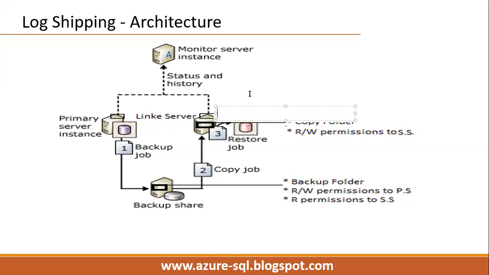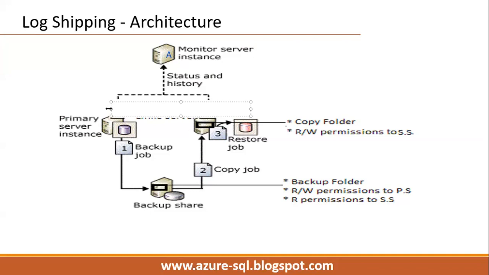One time means it is instance level. The alert job is instance level. The backup, copy and restore jobs are database level. That means if I configure log shipping on three databases, how many backup jobs are created? Three backup jobs are created.